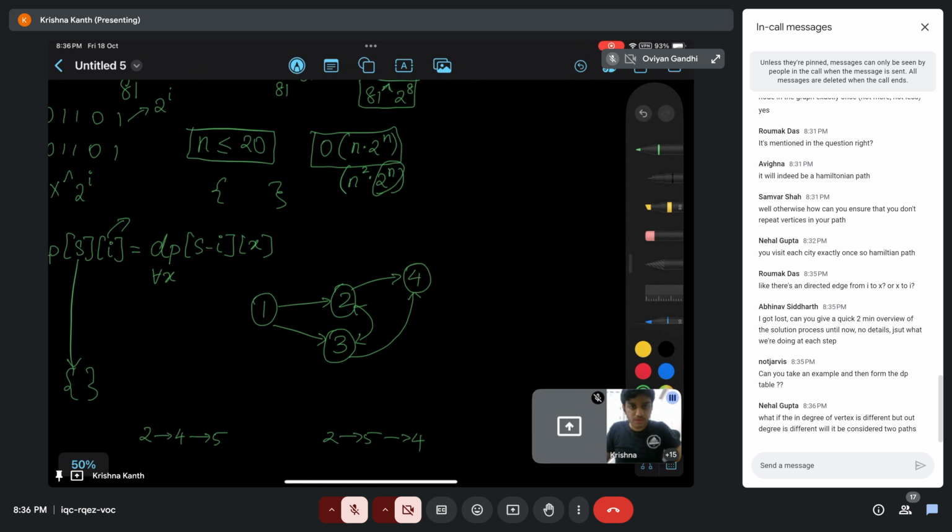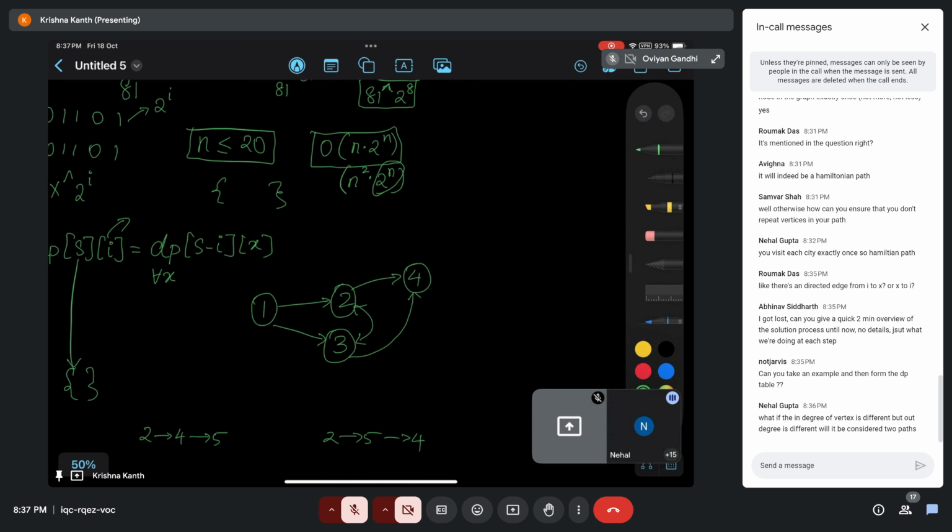So this is the graph given in the sample. What if the in-degree of a vertex is the same but the out-degree is different? Will it be considered two paths? The problem is just asking us to find the number of paths from 1 to n. I don't understand your question. Like in this graph, one is going to two, and then two is going to three, and then again to four.